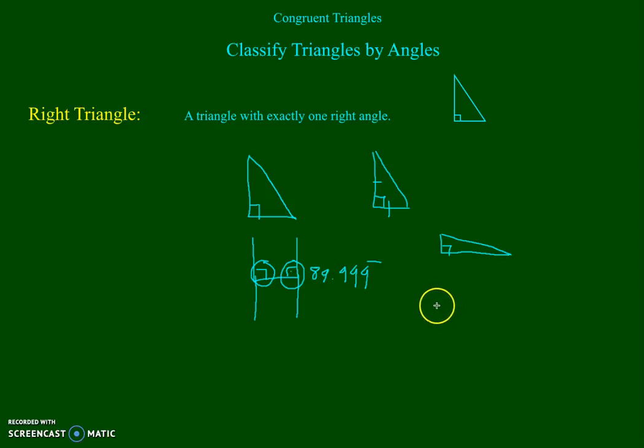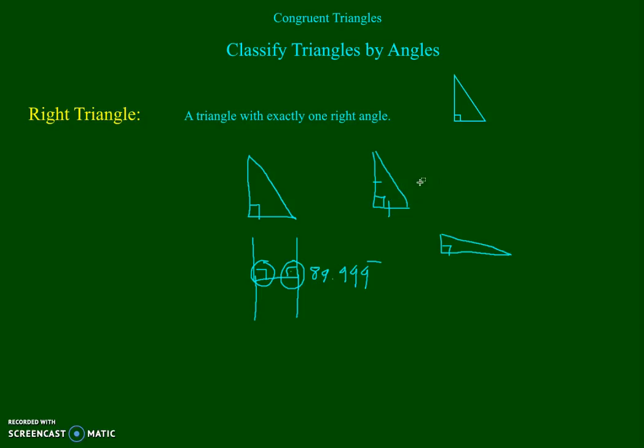The only thing you can't have in a right triangle is an equilateral right triangle, because in a right triangle, the hypotenuse, which is the side opposite the right angle, has to be the longest side of the triangle.